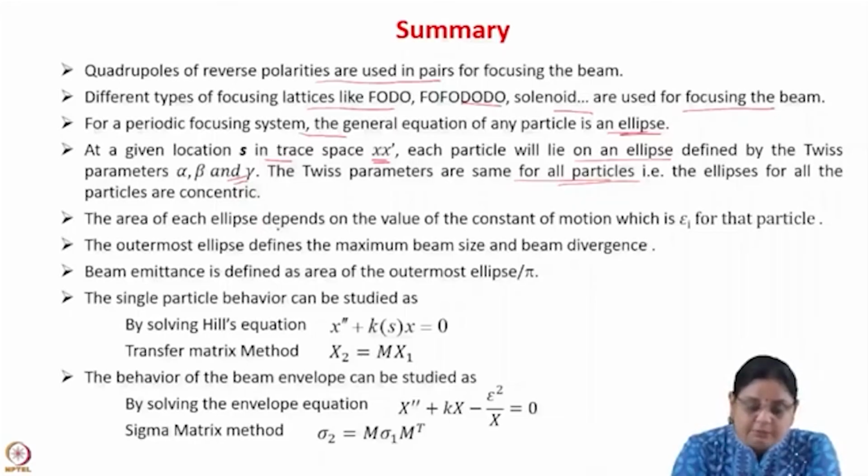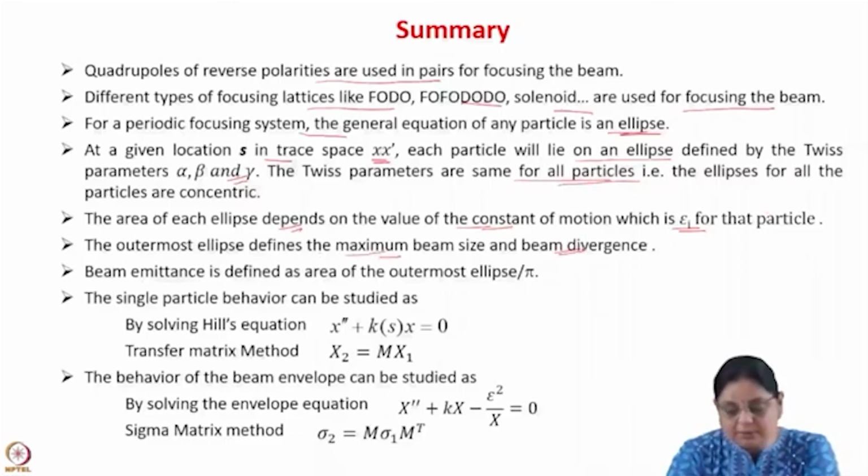The area of each ellipse depends on the value of the constant of motion, which is epsilon i for that particle. The outermost ellipse defines the maximum beam size and the maximum divergence. And beam emittance, which is a figure of merit of the beam, is defined as the area of the outermost ellipse divided by pi.